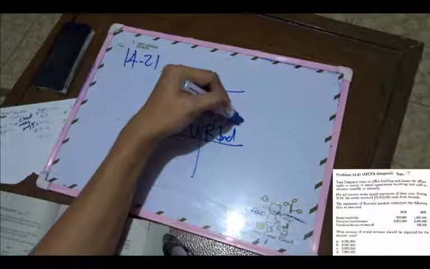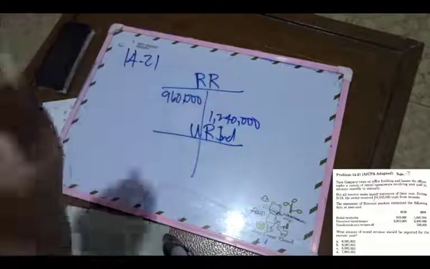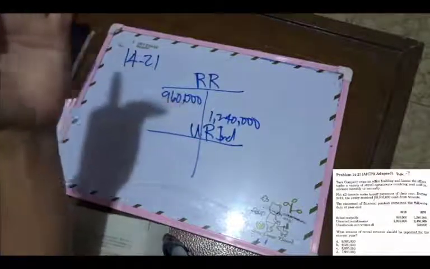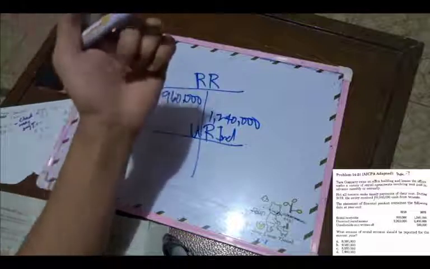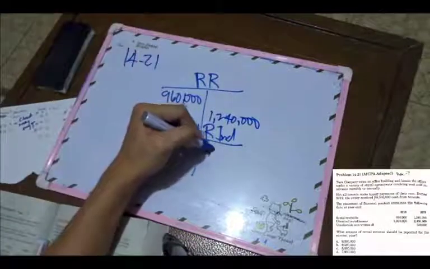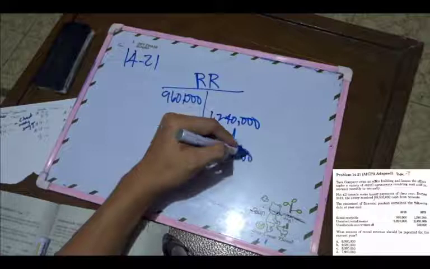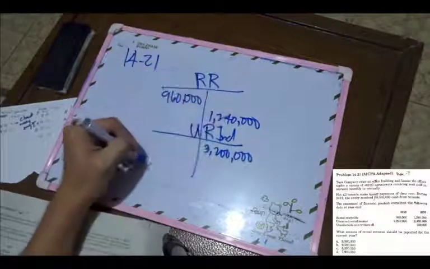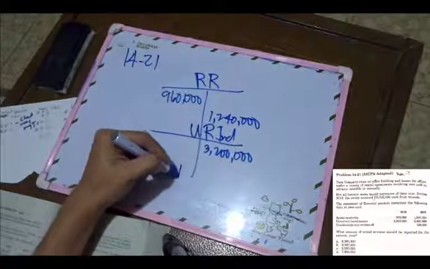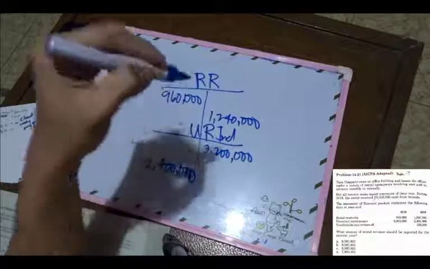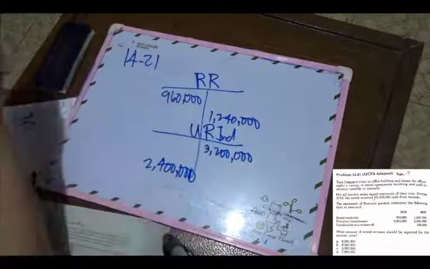It's an asset, so it's on the debit side. Ending balance is 1,240,000. For unearned rental income, it is a liability account, so beginning balance is on the credit side, 3.2 million. Ending balance is 2,400,000.